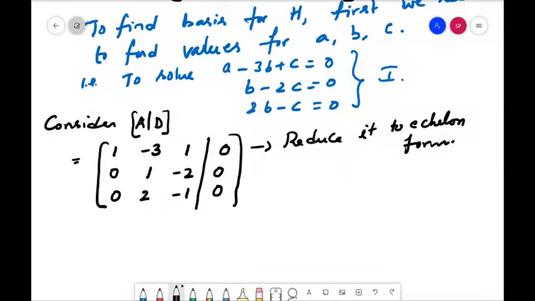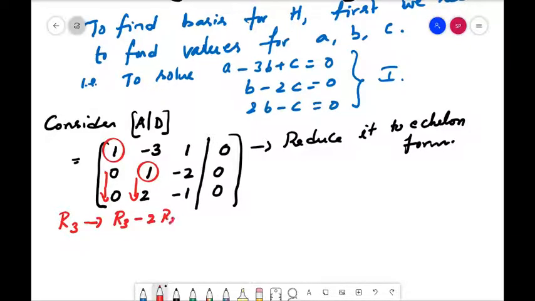So what you are going to do is mark the pivot positions. This is the pivot position here, and this column you have to make 0. These are already zeros. The second row pivot position is 1, and then you have to make this 2 into 0. So I'll apply the transformation for R3, R3 minus 2 R2.